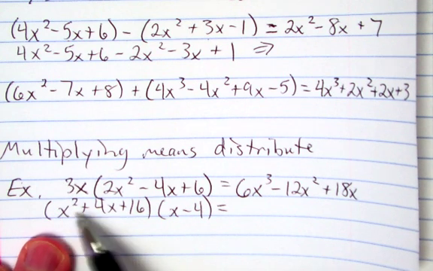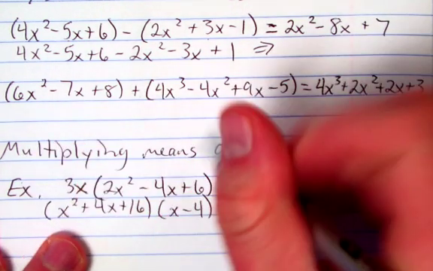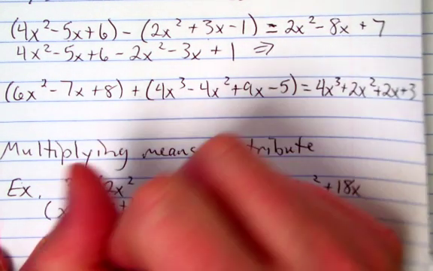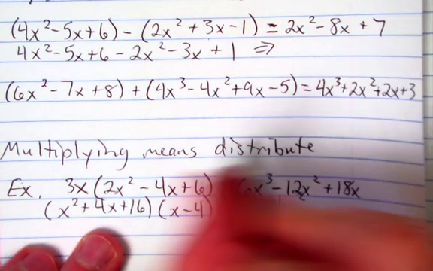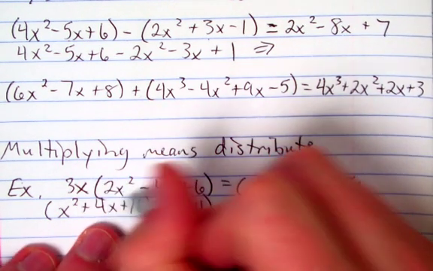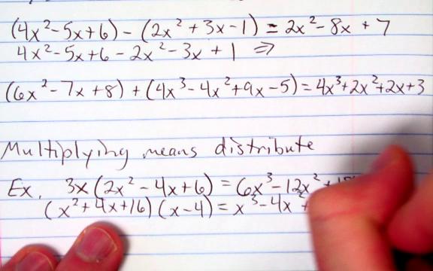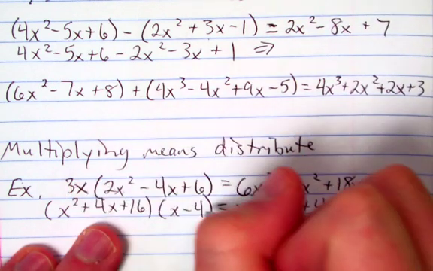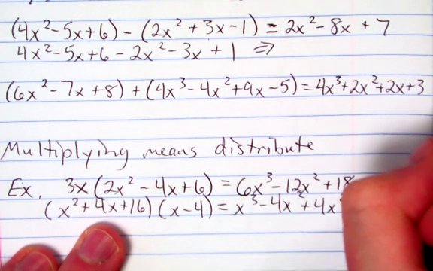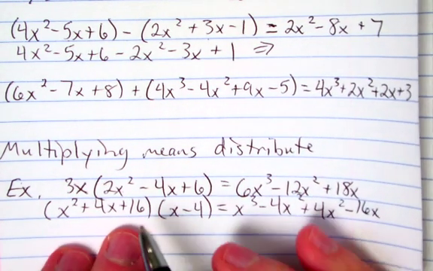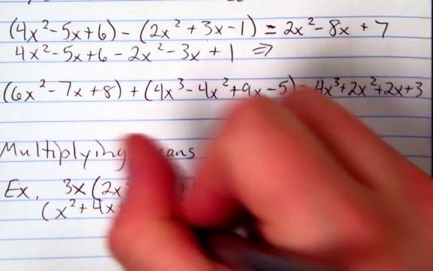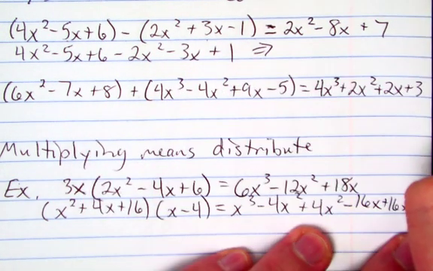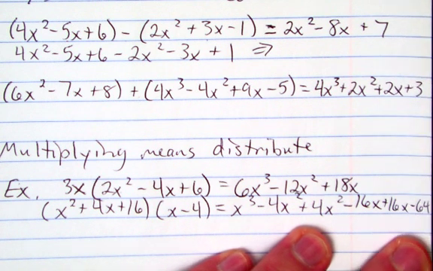So distribute the x squared. X squared times x is x cubed. X squared times negative 4 is minus 4x squared. Next, distribute the positive 4x. 4x times x is plus 4x squared. 4x times negative 4 is minus 16x. Next, distribute the positive 16. So I've got plus 16x, and then 16 times negative 4 is minus 64.